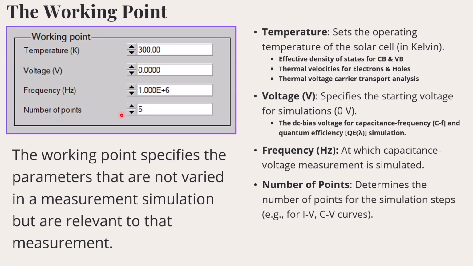So what do you do in the working point? The working point helps to specify the parameters that are not varied during the measurements, but are relevant for measurement in a simulation. One of them is the temperature. The temperature must be at 300 degrees Kelvin.